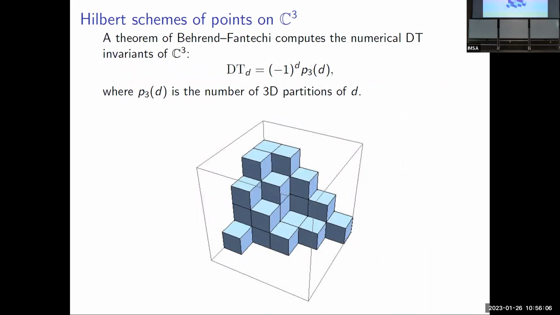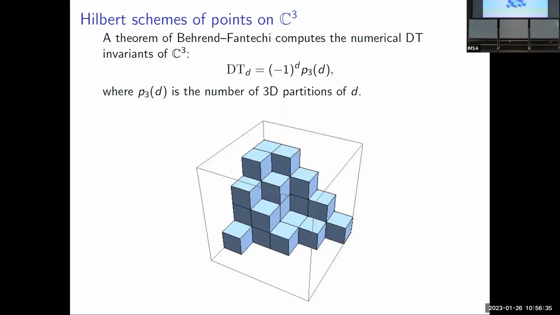So then the first question is to compute the numerical DT invariant. So actually just a computation as before gives you the Euler characteristic of Hilb C3D. So again, you have a torus acting naturally on C3, acting naturally on Hilb C3D. Then the fixed loci will be given by ideals of polynomial rings in 3 variables generated by monomials.